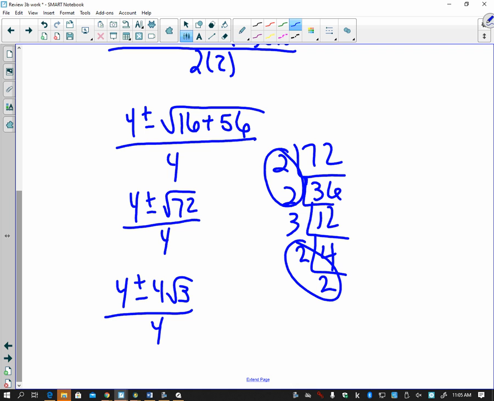They're getting 3 radical 2. I've done something wrong. Or you guys have given me a wrong number somewhere. 56 and 6 or 56 and 16. Okay, 72. We got the 4 and the 4. We should be fine there.